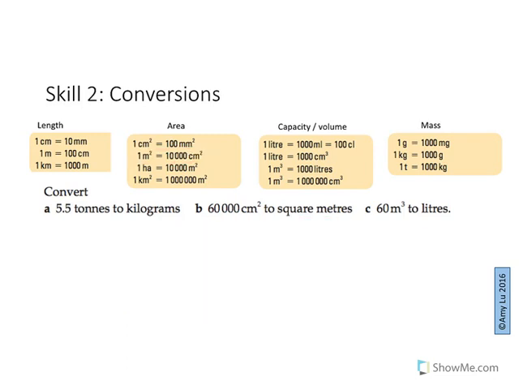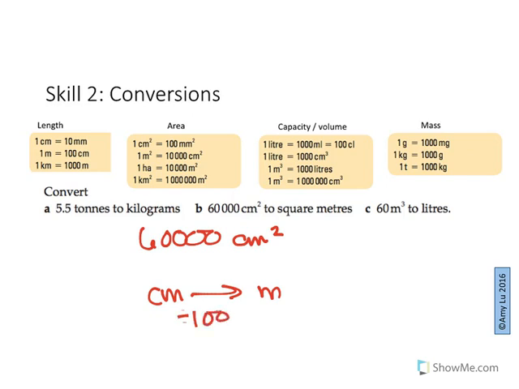Another way to look at it, as I talked about before, is I know that 6,000 centimeters squared is what I'm trying to convert. So first of all, I'm going to think, how do I convert a basic centimeter to a meter? I know that I have to divide it by 100.